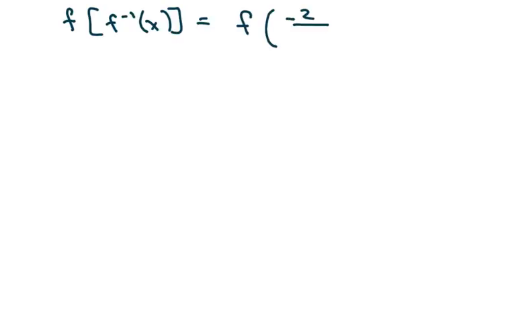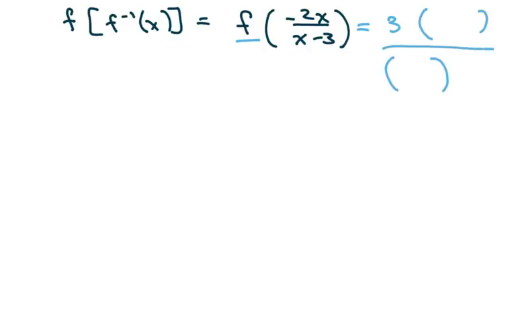So the first thing we're going to do is verify f with f inverse. So my inner function is f inverse, which is negative 2x over x minus 3. And I'm going to write my f function, my outer function, as 3x over x plus 2.